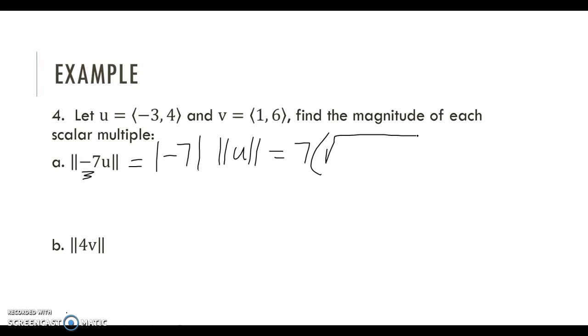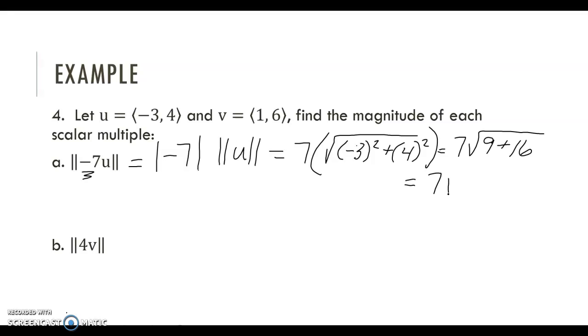So that's going to be 7 times the square root of -3 squared plus 4 squared. -3 squared is 9, and then 4 squared is 16.